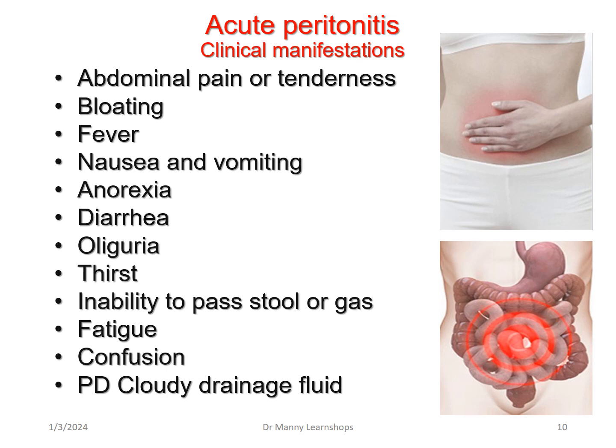What are some of the clinical manifestations of abdominal disorders? In particular here, acute peritonitis, but this can be related to other abdominal issues as well.